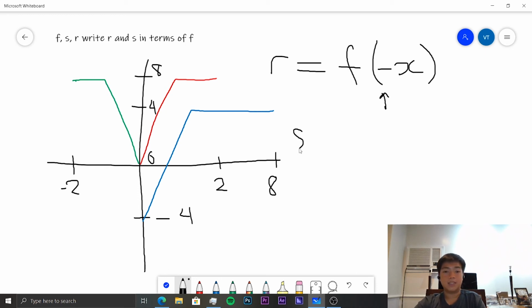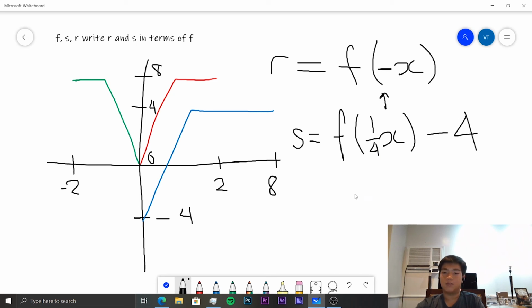How do we express this? Horizontal stretch is inside the brackets, so this would be f of, and it's stretched by a scale factor of 4, so this would be f of 1/4 x. Remember, this is opposite, and then we need to translate it downwards by 4, so we would go -4. So yeah, that would be it.